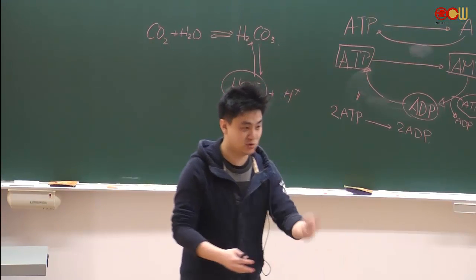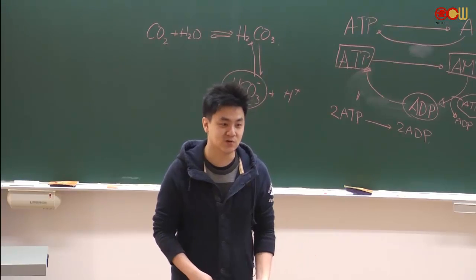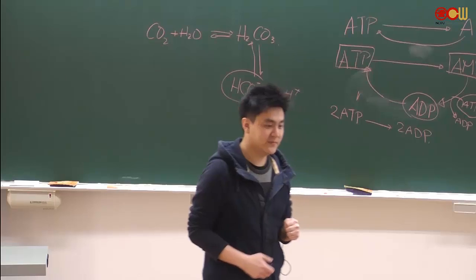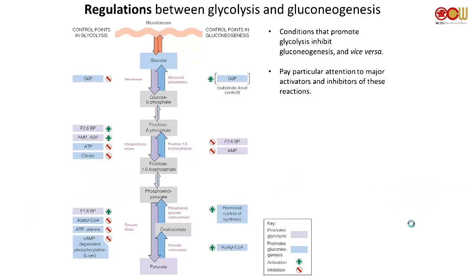generates how many ATP? 2, right? Gluconeogenesis consumes how many ATP? 6, right? So if both happen at the same time, glucose concentration does not change, pyruvate concentration does not change.